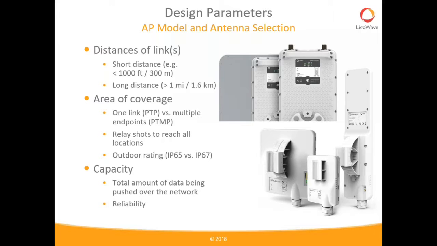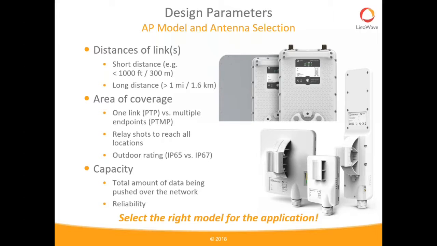I also have to look at the capacity, which is the total amount of data that I need to push over this network, and what kind of reliability I need out of that. The core message here is that it's not necessarily one size fits all, which is why LigoWave and other vendors offer several different models of access points that are specifically designed for point-to-point and point-to-multipoint applications like wireless surveillance.